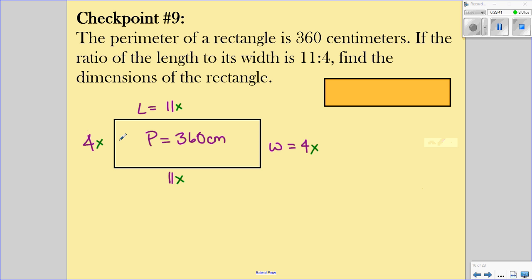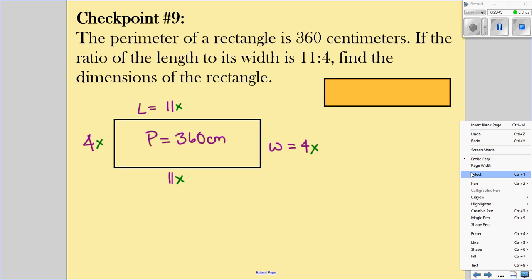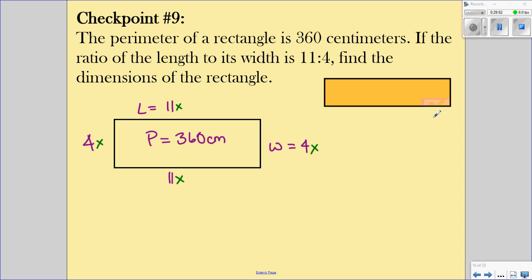When you're doing the perimeter, you have to add up all the sides. There are 4 sides. 2 of them are the length, 2 of them are the width. So if you don't do that, you're going to get a different answer. I've seen students add up just the 2 sides, the length and the width, and set it equal to the perimeter. Wrong.